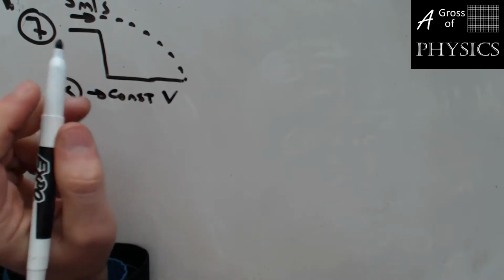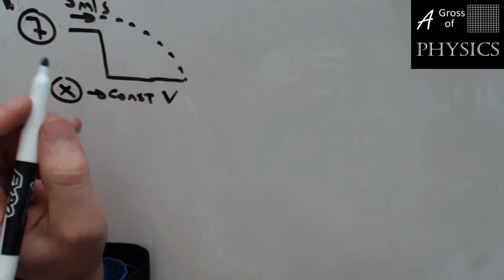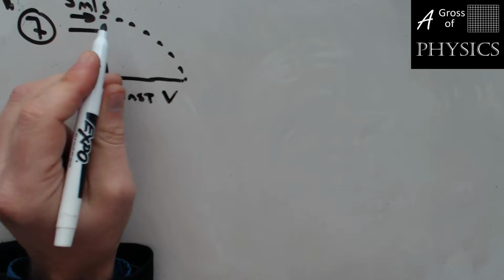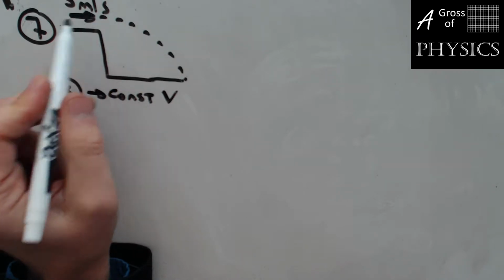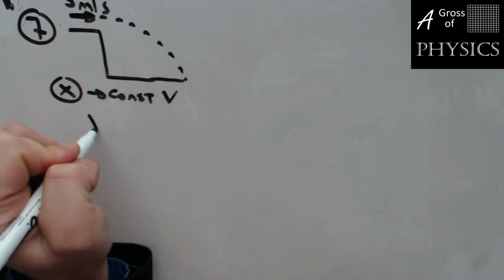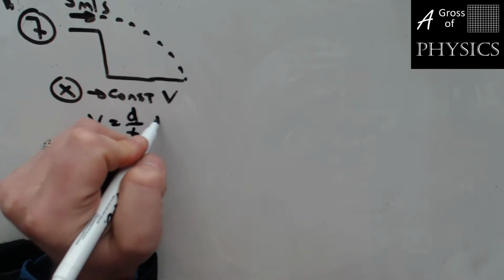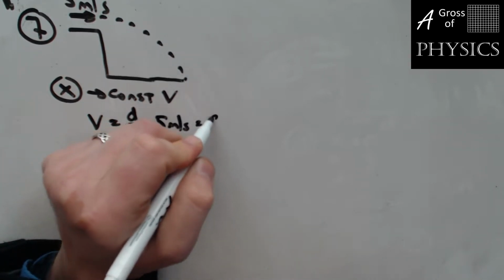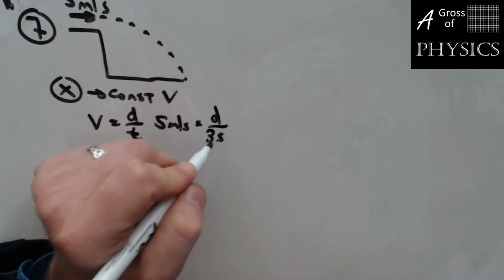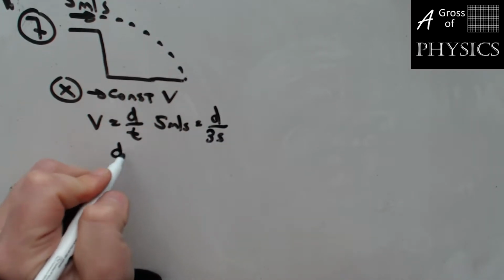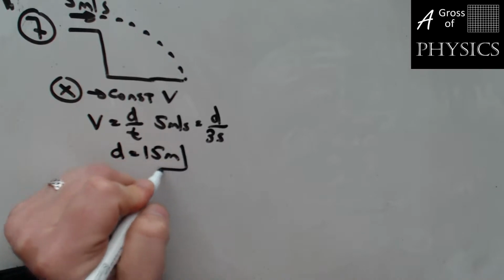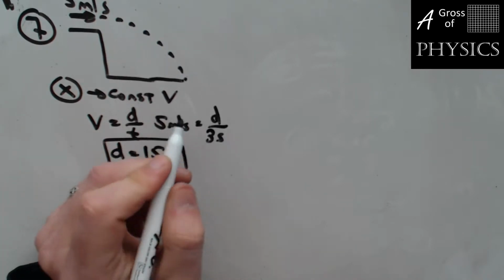Gravity only acts in the vertical direction. So if we project it at 5, it stays that way. So you're just going to do v equals d over t. 5 meters per second equals d over 3 seconds. 5 times 3, 15 meters away. Choice 3.